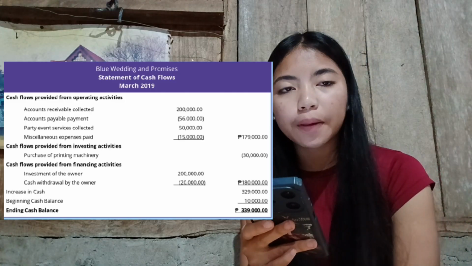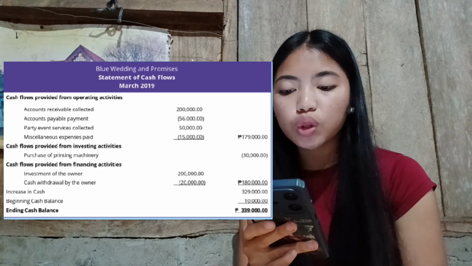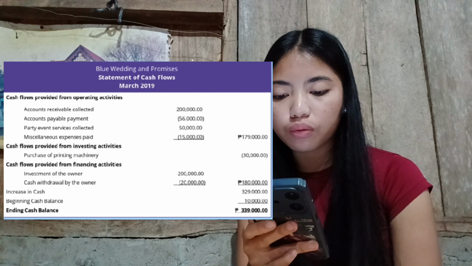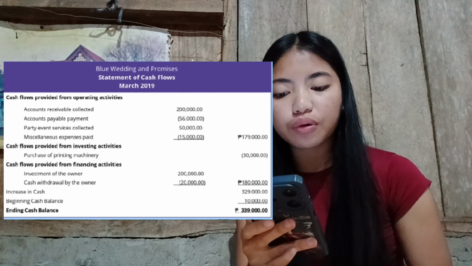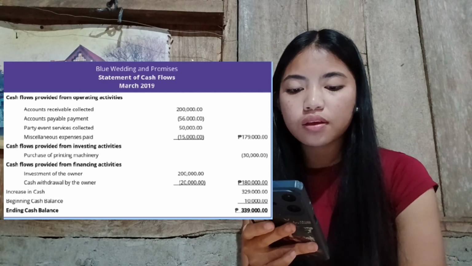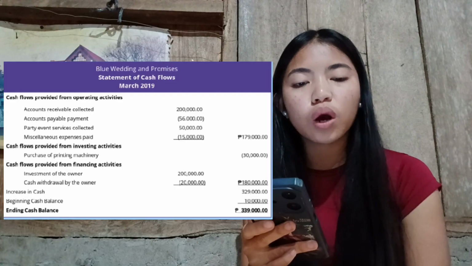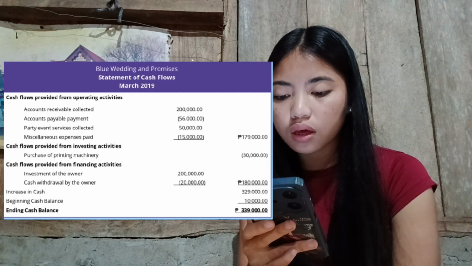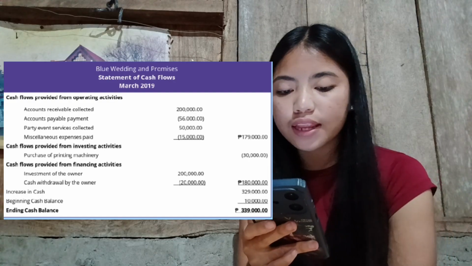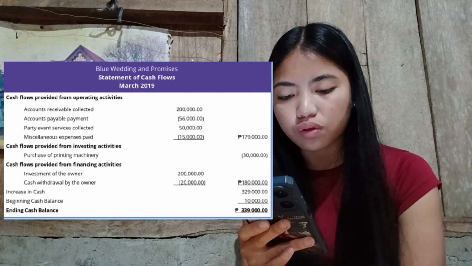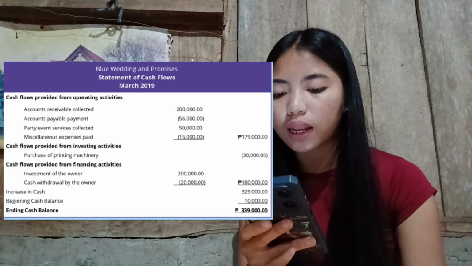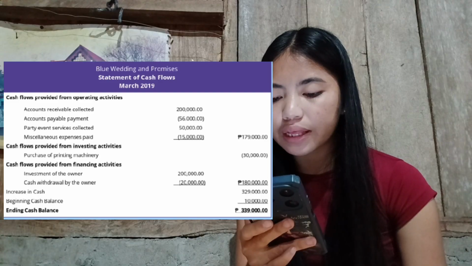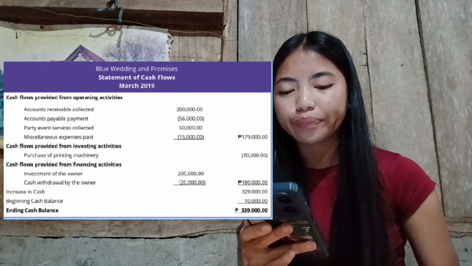Since there are two accounts that were received or collected, we have to add 200,000 pesos and 50,000 pesos, which are the accounts receivable collected and the party event services collected.